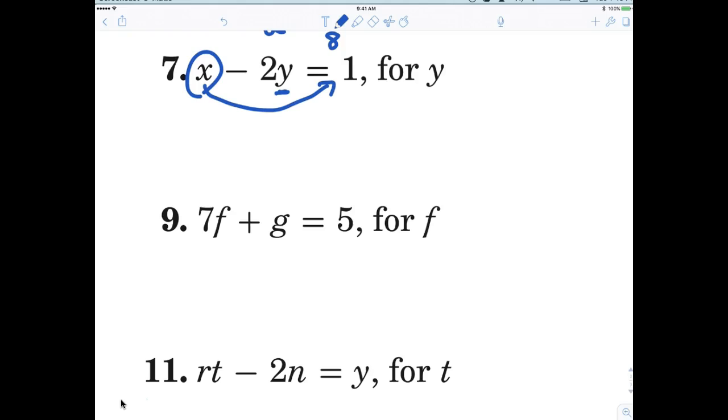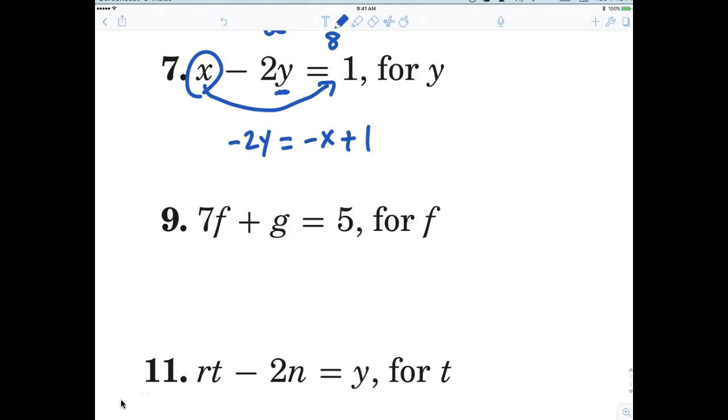When I throw the garbage to the other side, it becomes what? Negative X, right? So look, I have negative 2Y is equal to negative X plus 1. Everybody understand that? The X was positive on the right, so on the left it's what? Negative.